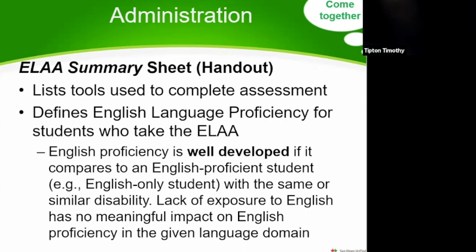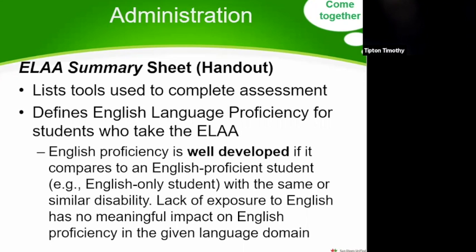You can have students who have zeros because they have a significant cognitive impairment that doesn't allow them to respond, speaking, or maybe even listening at times, or many of our kids who struggle with any reading or writing. But that does not mean that they'll be an English learner forever.